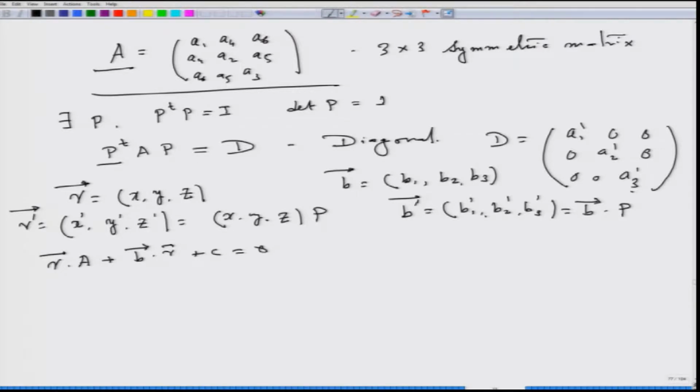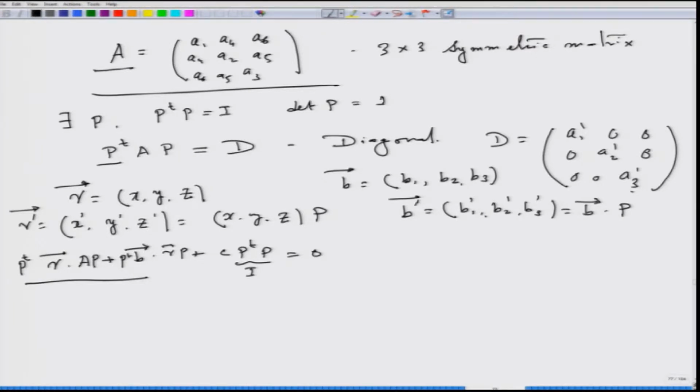So, if I multiply P transpose on this side and P, so I put a P transpose P and P transpose, so C does not matter. So, this is identity, C remains C because P transpose P is identity, C is a constant, but this fellow is identity, this is 0. Now, what will happen according to these equations?